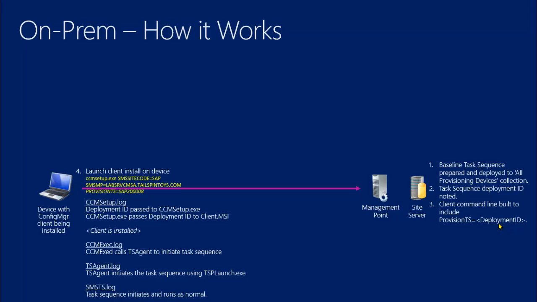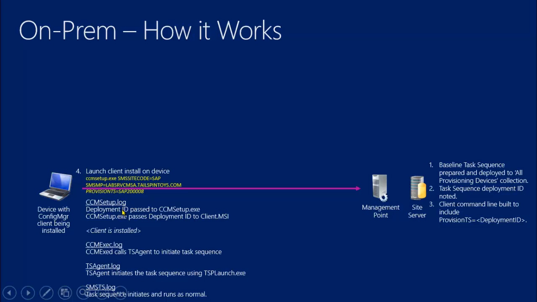Once that happens, then the client install is going to be initiated using that provision TS command line switch, and you're going to specify the deployment ID. You can watch the client install happen and call out to the task sequence in the CCM setup log.